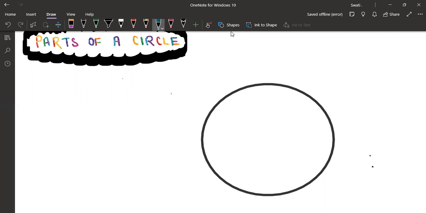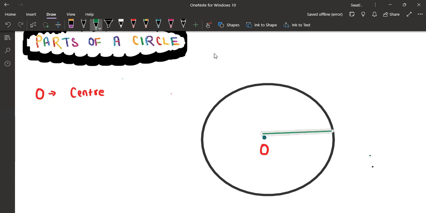Okay, so as you can see, I'm marking a point exactly at the center of the circle, and I'm naming this point O. So here O is called the center of the circle. Now, I'm drawing a line segment from the center of the circle to the circumference of the circle.